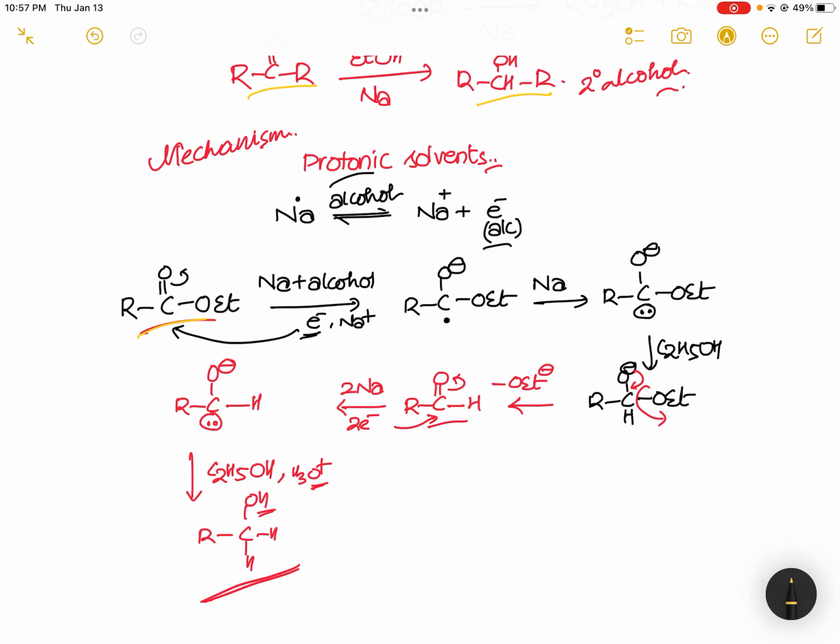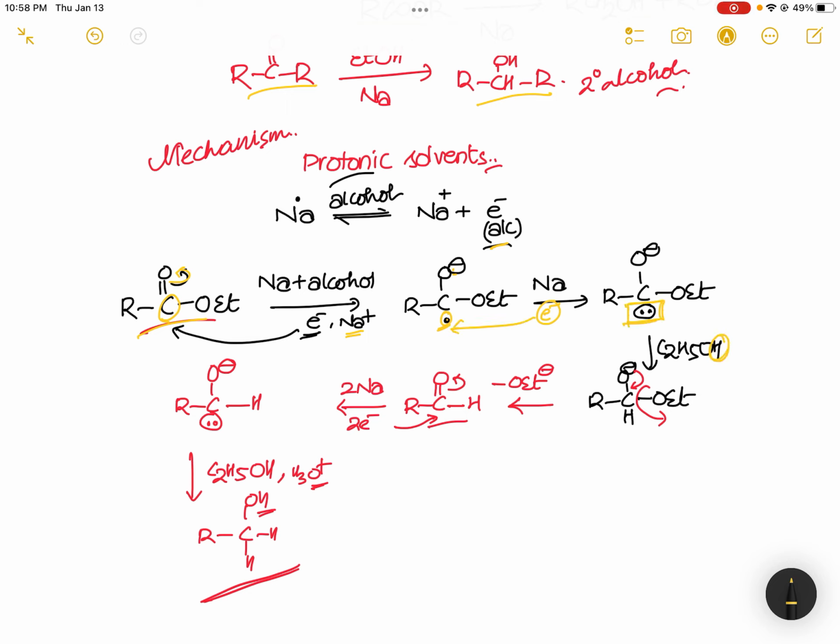What's happening here, we'll go through these steps again. First it is the ester. We are adding an electron to this carbon because the electron pair is shifted towards the oxygen, because oxygen is the more electronegative atom. Oxygen is with the negative charge now. Carbon got one electron. This one electron is given by sodium, the solvated electrons present in the alcohol. Same step, one more electron is coming, and this is becoming like a negative charge.